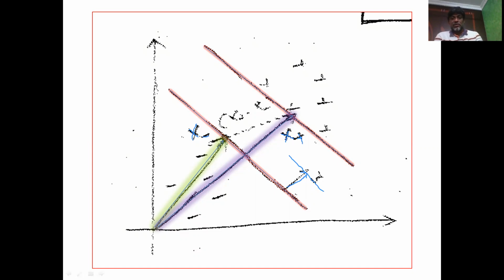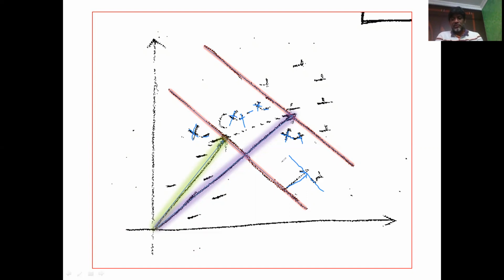Now to get the distance between the positive hyperplane and the negative hyperplane, we need to consider x plus minus x minus. This will be the formula. And because we took it as a unit vector, we calculate it as w by norm w, that defines the unit vector of w.